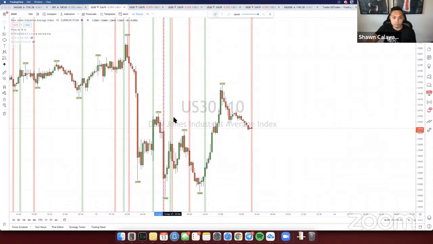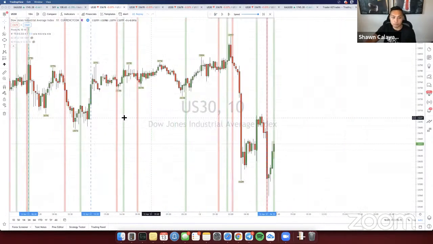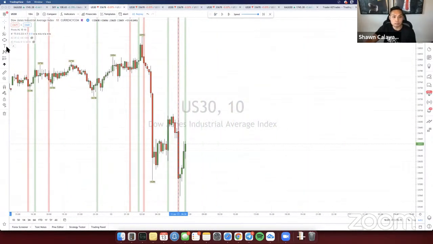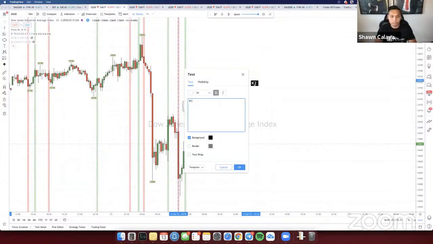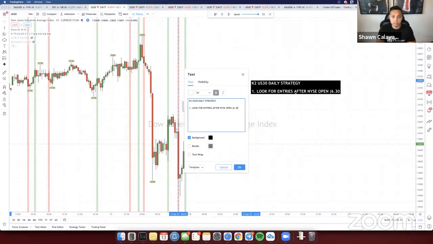I'll just go back over here and I'll show you how the strategy would work. This is going to be the K2 US 30 daily strategy. So first, you just want to look for entries after New York Stock Exchange open, which is going to be 6:30 a.m. Pacific Daylight Savings Time.